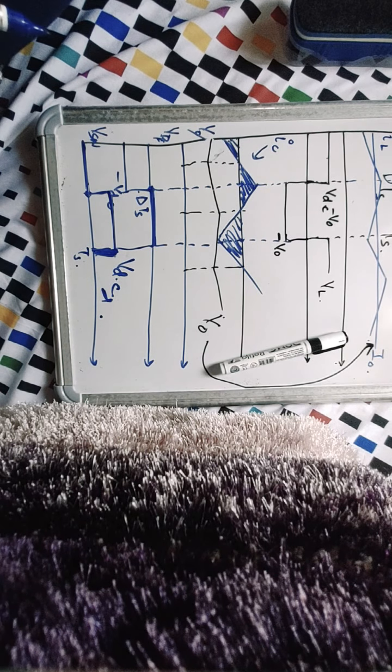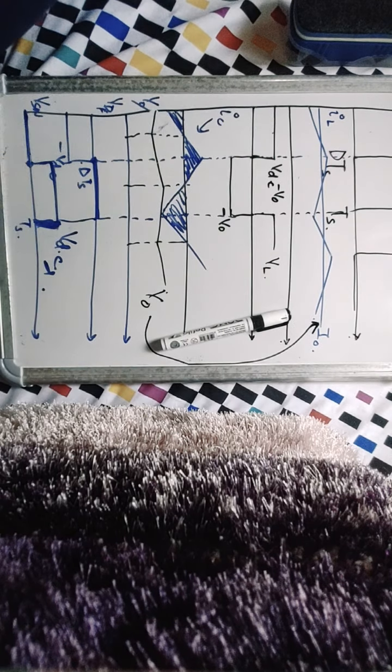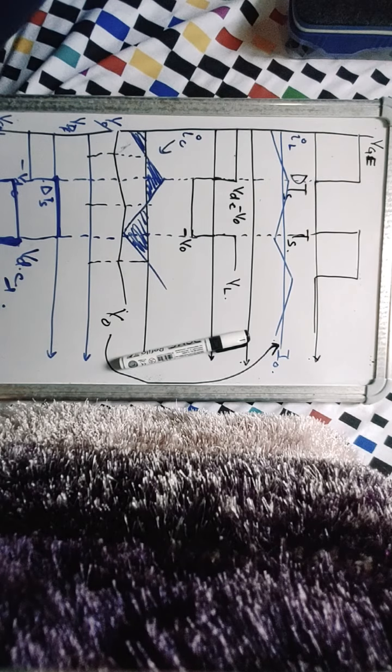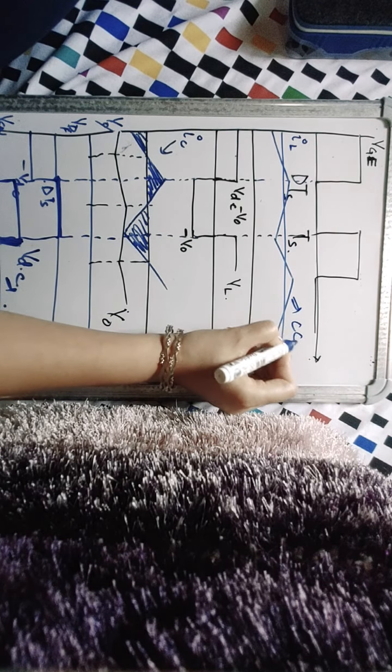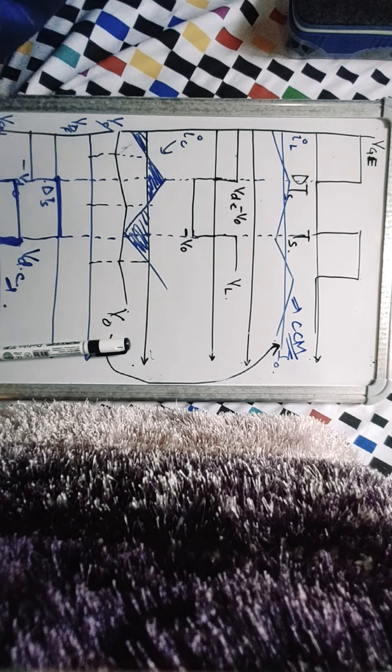So this is your waveform across the switch. So that is all for waveforms, but till now we have only assumed that our inductor current is continuous. We are operating in CCM. In the next lecture we'll move on to DCM.